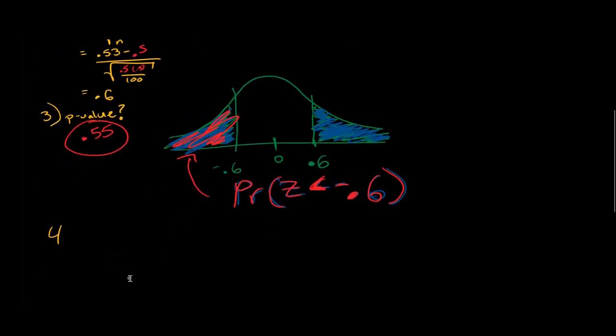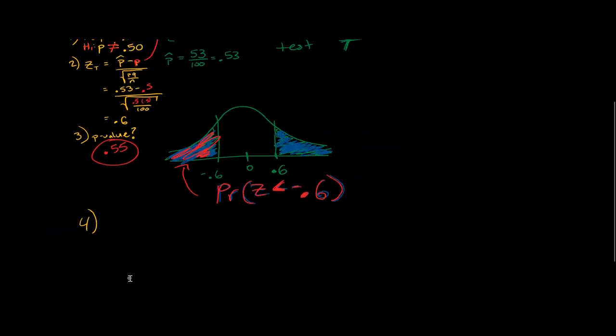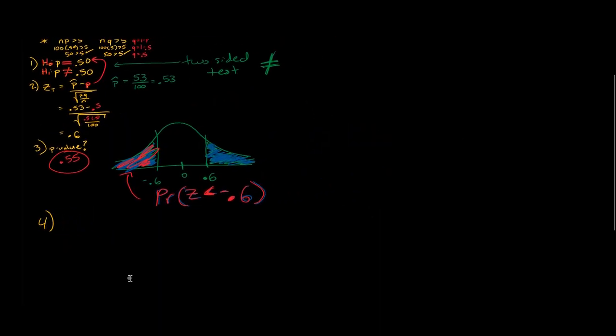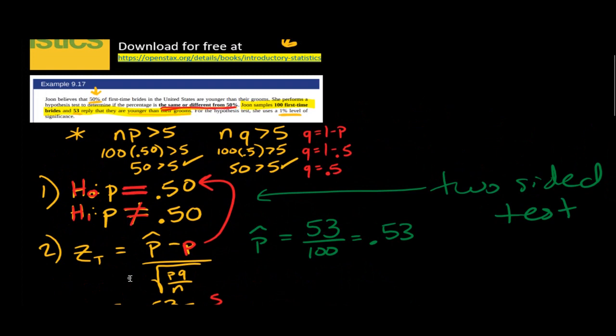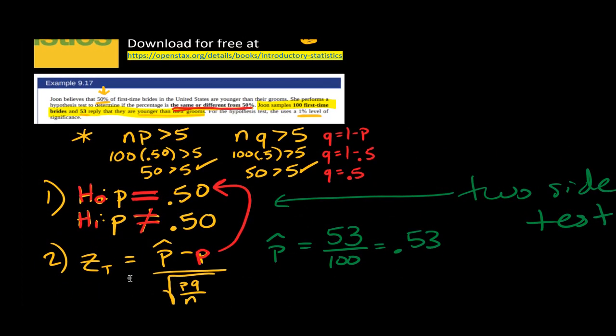Okay, we need to make a conclusion based off of this. So are we going to accept the null hypothesis? Are we going to reject the null hypothesis? So that's our two choices. We want to either reject this null hypothesis, say that seems unrealistic, right?